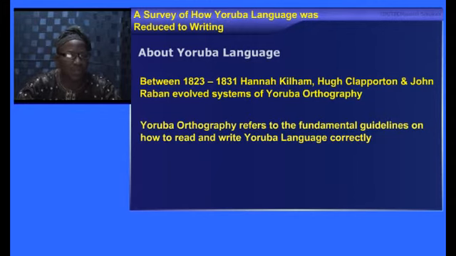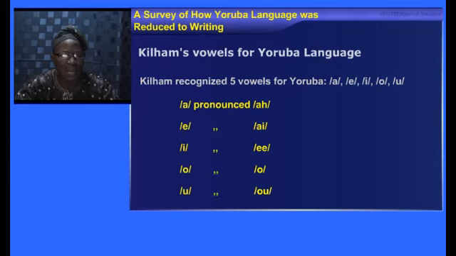Let's try to see what Hannah Kilham recognized as vowels in Yoruba language. They are A, E, I, O, U. But for the fact that Hannah Kilham is an English-speaking lady, in pronouncing these vowels, she added some other things to them, particularly A. H was added to it.